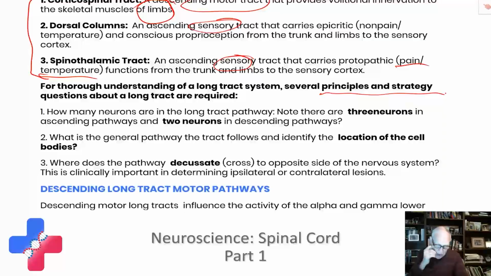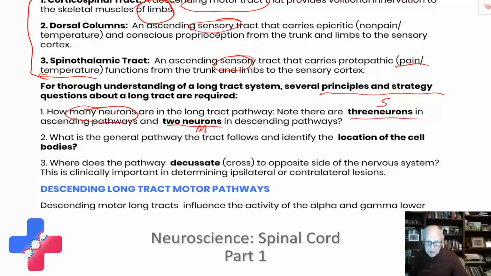First of all, when you're describing a long tract all the way from cord up to the cortex, you want to know in this ascending or descending motor sensory system, how many neurons are there, the number of neurons. And you'll notice the answer is given to you. It's 3 neurons when it's sensory and 2 neurons when it's motor. So a sensory pathway will have 3, a motor pathway will have 2 neurons.